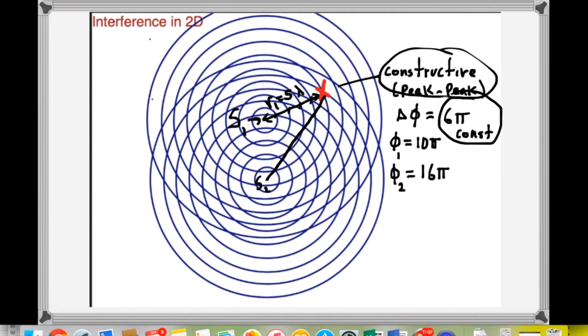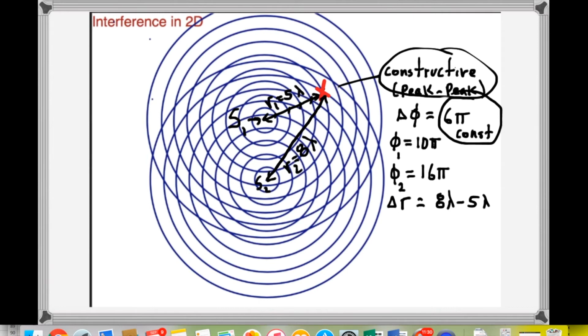For the distance with S2, you can count, and you'll see that it's 8 lambda, which gives us a difference in path length, the difference in the length of the path followed by the two waves. The difference in path length is 8 lambda minus 5 lambda, which gives us 3 lambda.